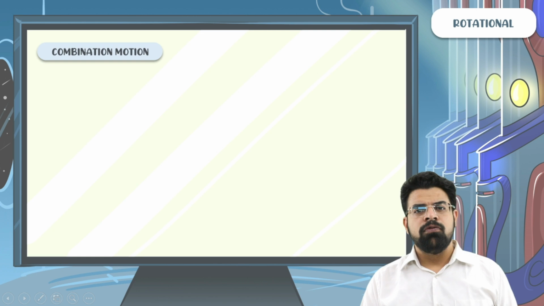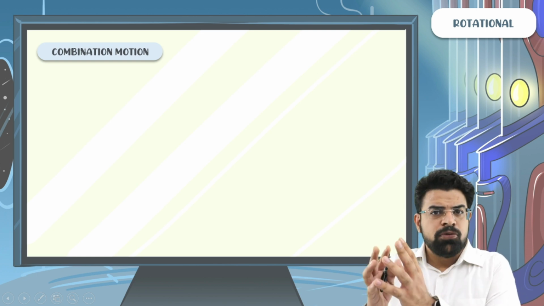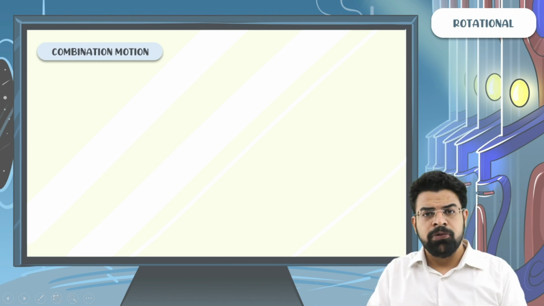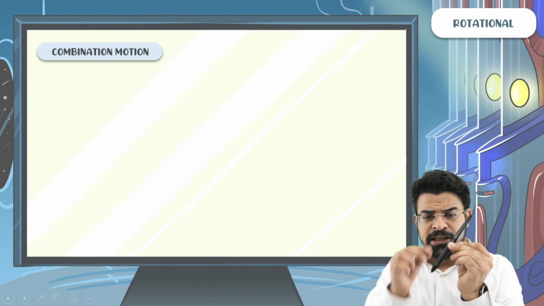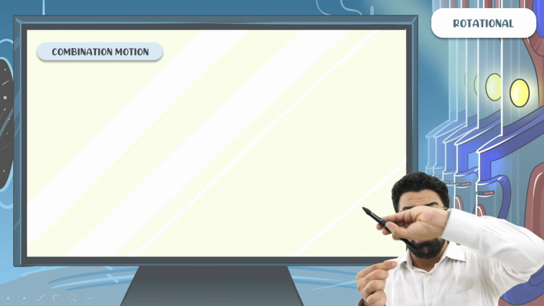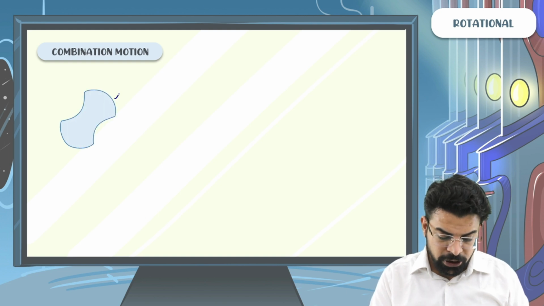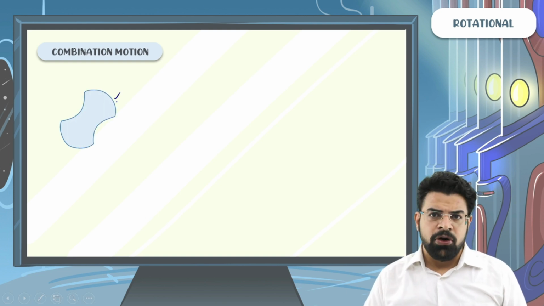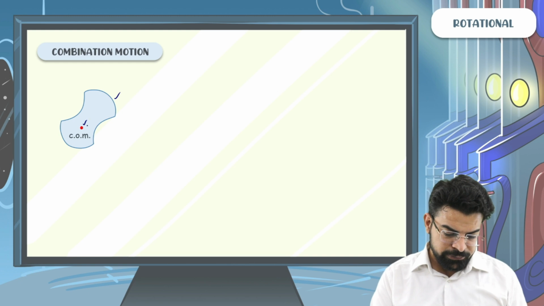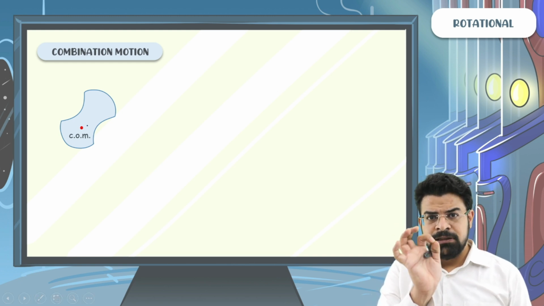So first of all, what is the meaning of combination motion? When a body performs both translational motion as well as rotational motion, when at any given instant the center of mass has a velocity as well as the body has an omega about the center of mass. So let's assume we have a rigid body and this rigid body has got its center of mass. Now, let's say the center of mass moves with some velocity.